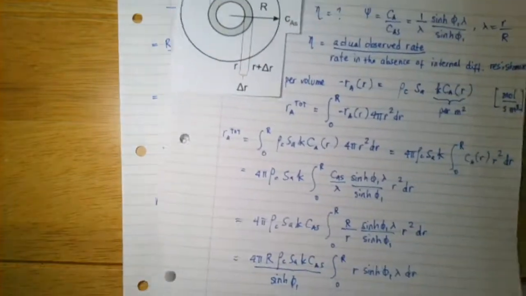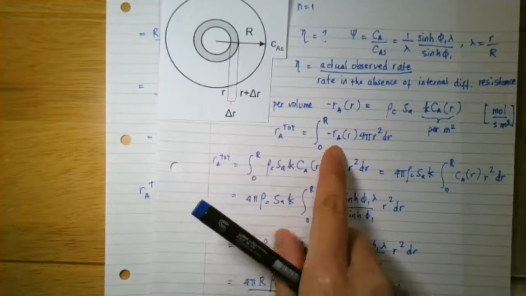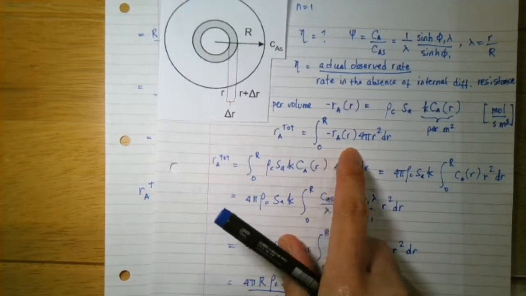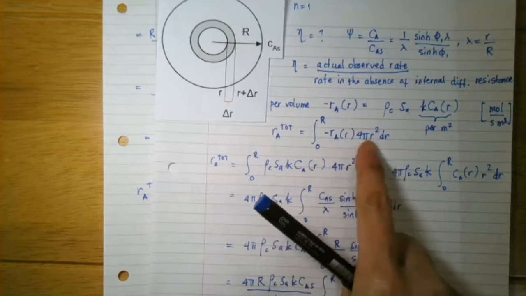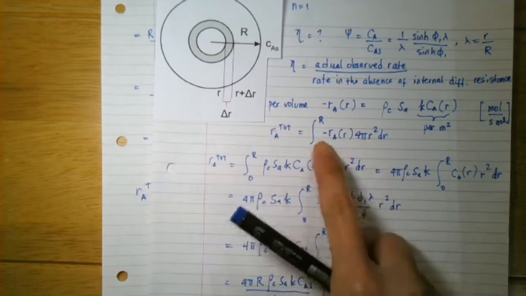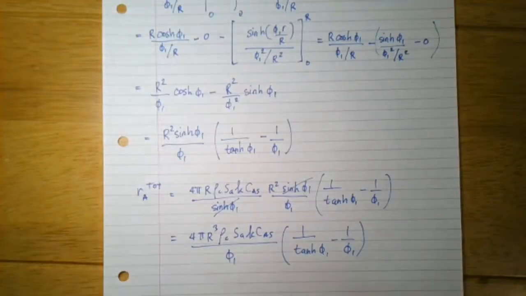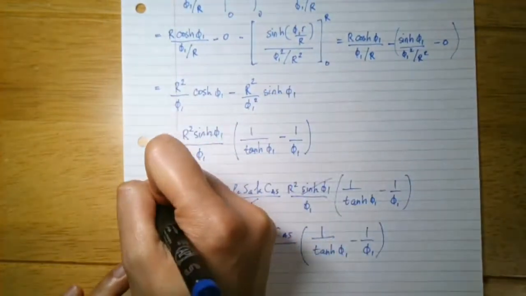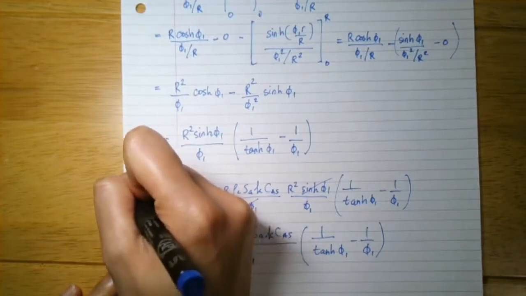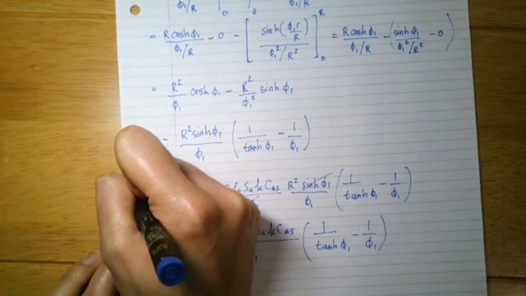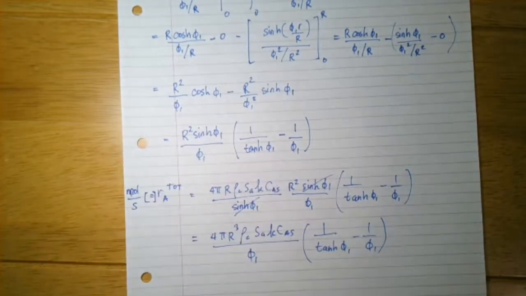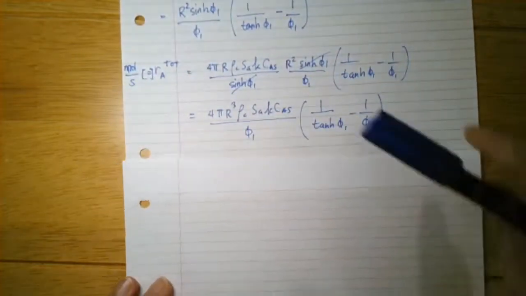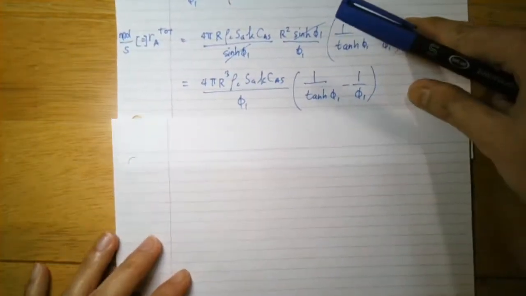So we defined total rate this way: our per volume rate times the volume of the control volume. So the unit of the total rate is mole per second.